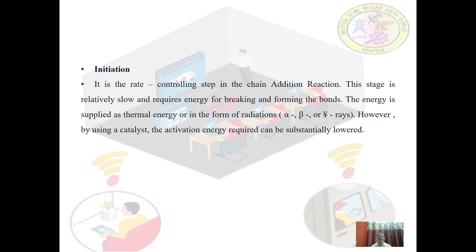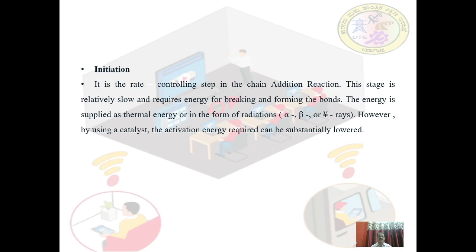This stage is relatively slow and requires energy for breaking and forming the bonds. The energy is supplied as thermal energy or in the form of radiation energy, such as alpha, beta, gamma rays. However, by using a catalyst, the activation energy required can be lowered.